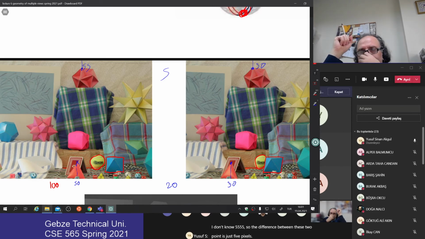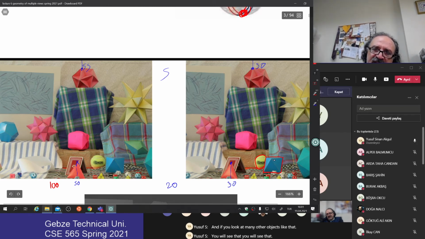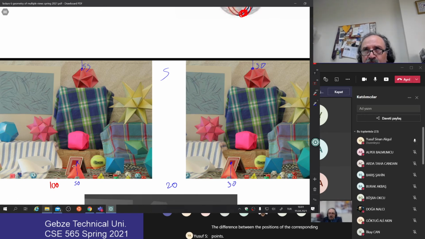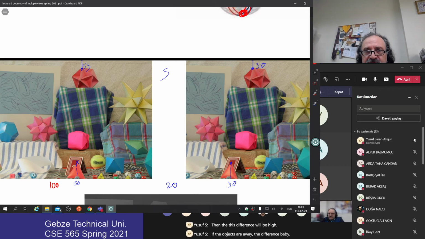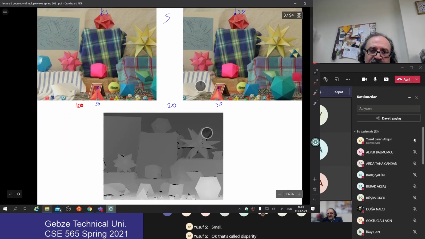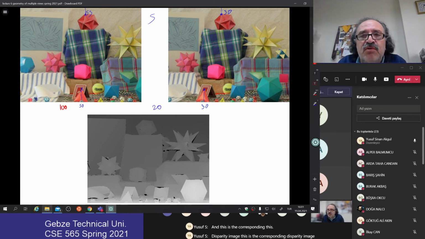And if you look at many other objects like that, you will see that the difference between the positions of the corresponding points will be large if the objects are closer to the camera, and this difference will be small if the objects are away from the camera. That's called disparity, and this is the corresponding disparity image between these two images.